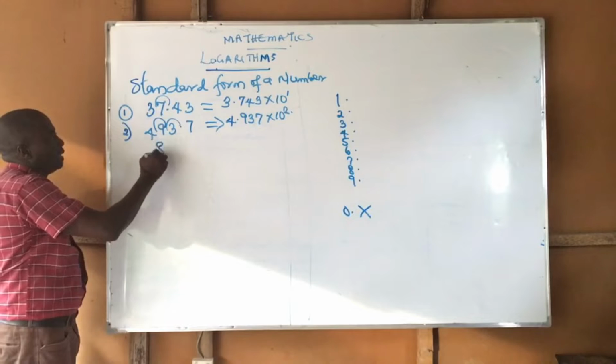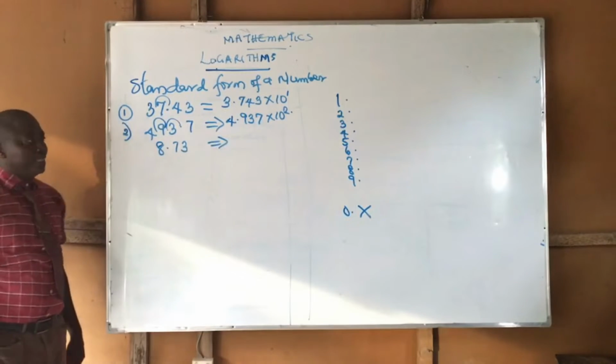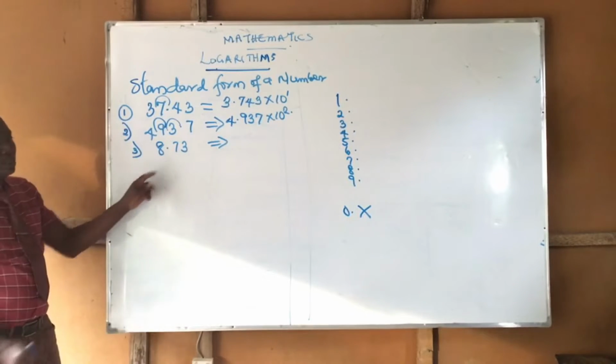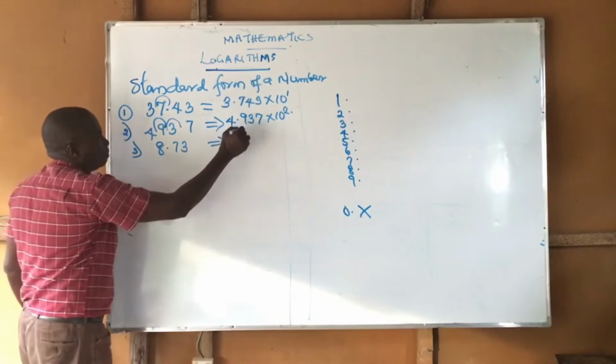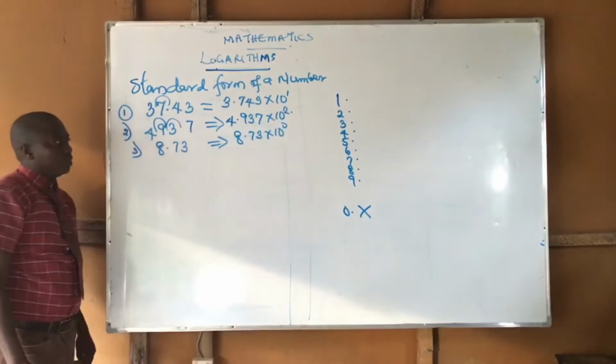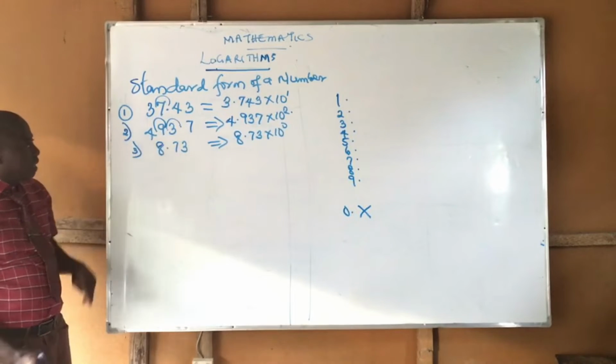If we have 8.73, so what do we have in this sense? The decimal point will not be shifted at all. Hence, it will be 8.73 times 10 raised to power 0, because we do not shift the decimal point.